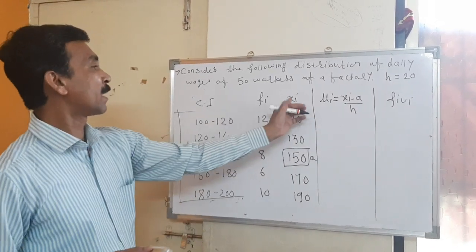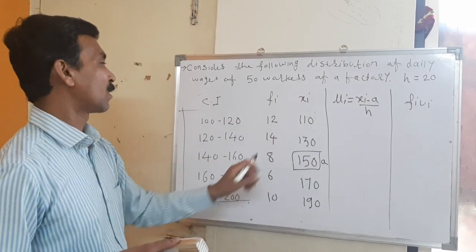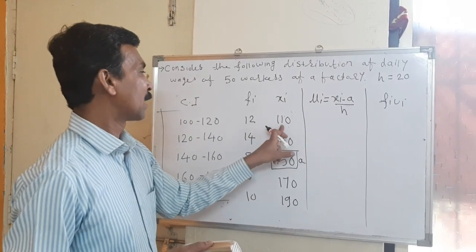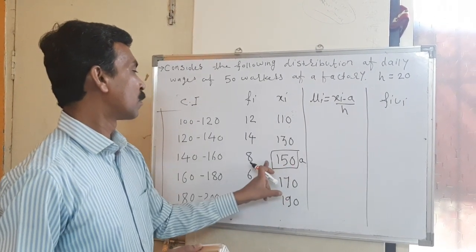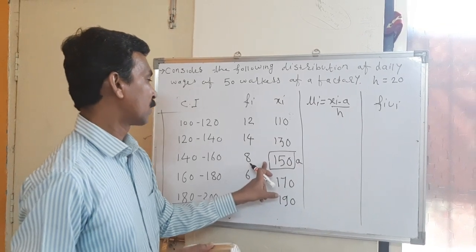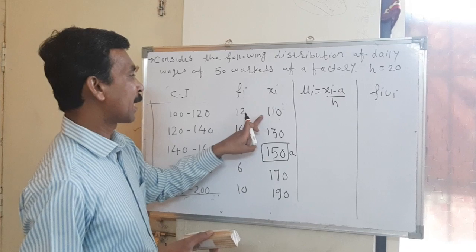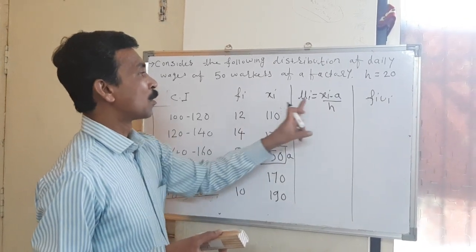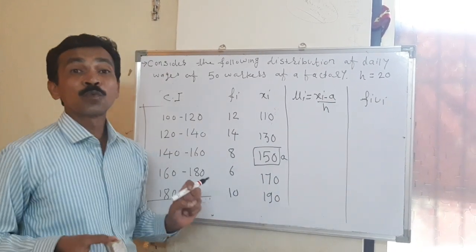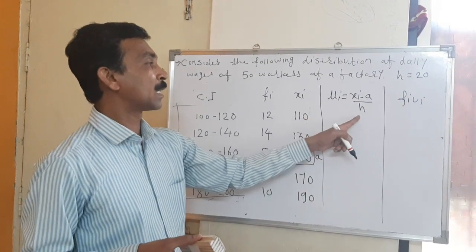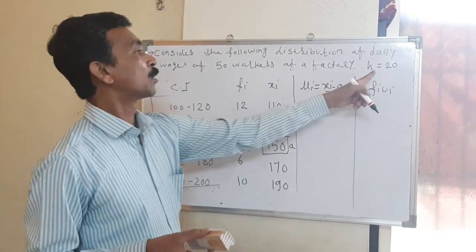Now we will see how to find Ui for the first class interval. Xi is 110 minus assumed mean 150. 110 minus 150 is minus 40. Minus 40 upon h, h is 20.